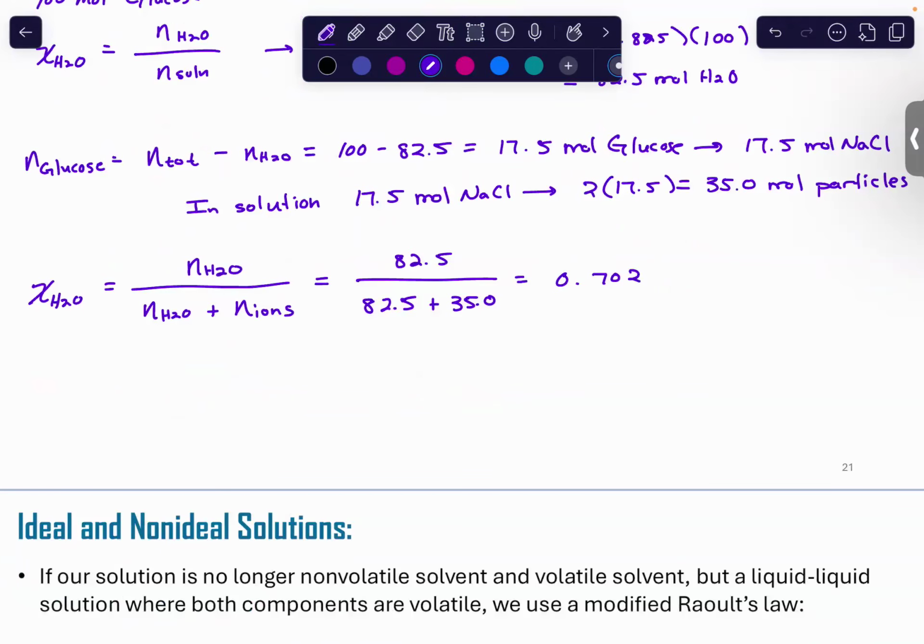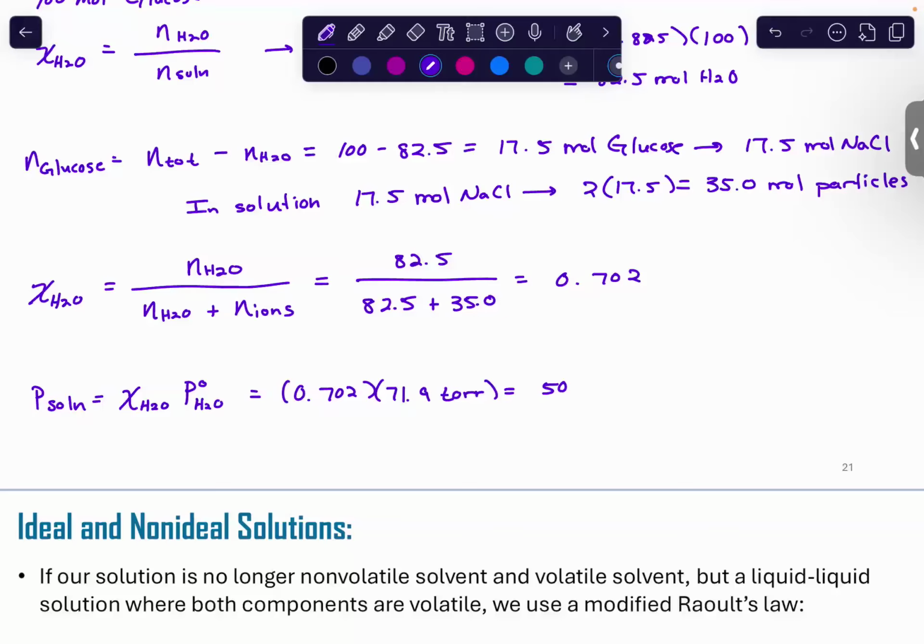So the vapor pressure of this solution is going to be our mole fraction of water times the vapor pressure of pure water at 45 Celsius, which is 0.702 times the 71.9 torr.